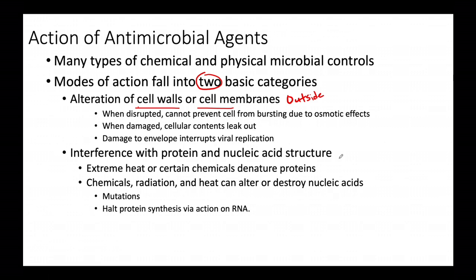But there are also molecules further inside the cell that are important as well. We can talk about proteins, and we can talk about nucleic acids. Nucleic acids, if you don't remember, encompass two types of molecules, both DNA and RNA.